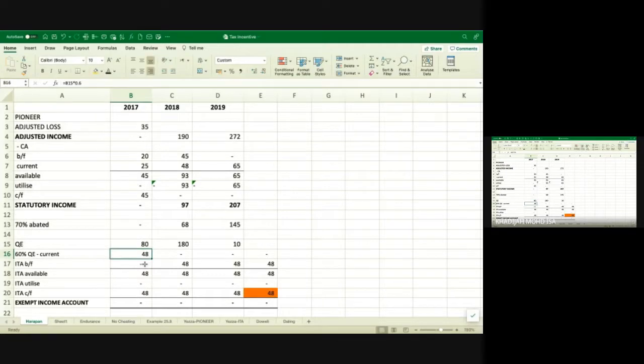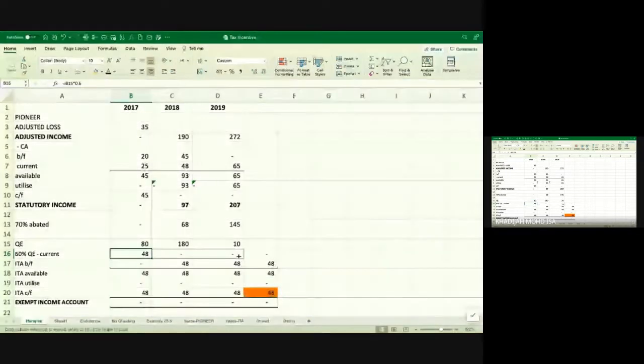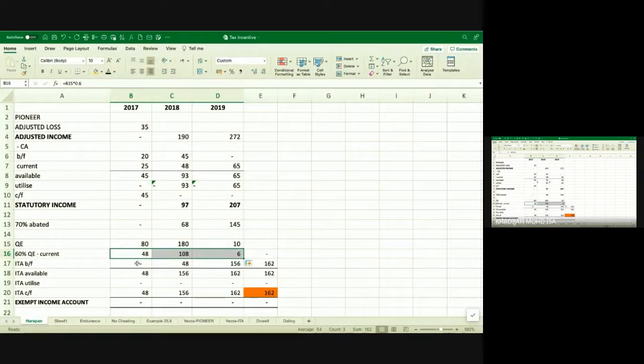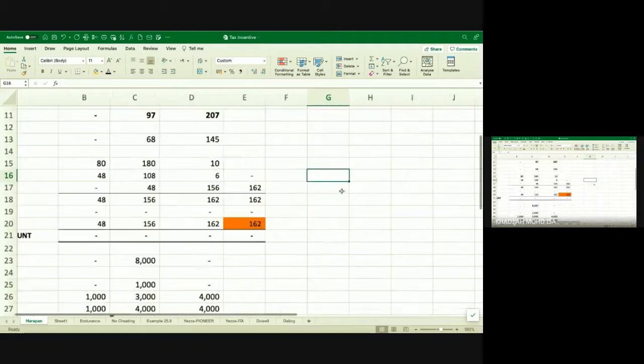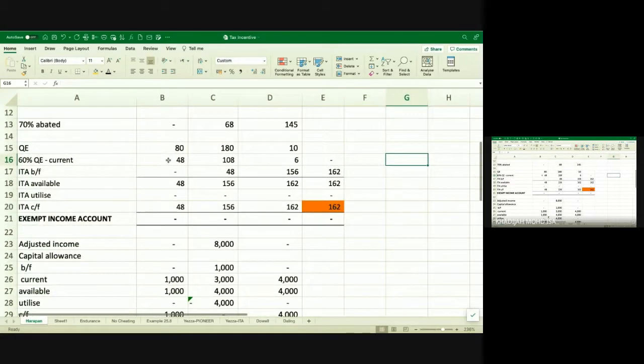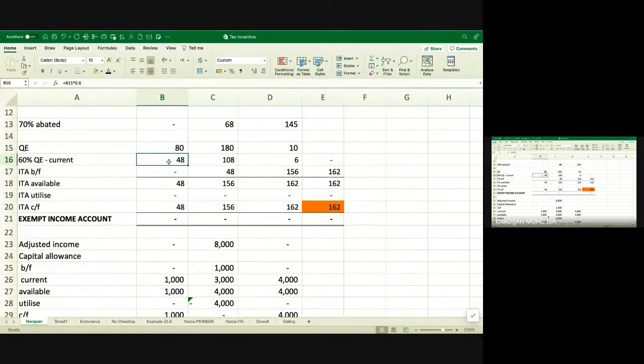So that's how you compute your current ITA. So available, you don't have brought forward. Can you see this clearly? Now, you have your QE here, then you compute 60%, that will be your current ITA. 48, 108, and 6. So what is your brought forward?